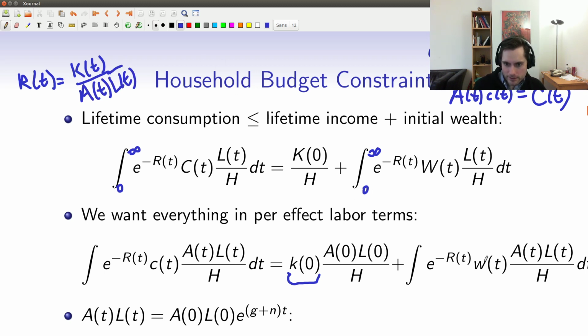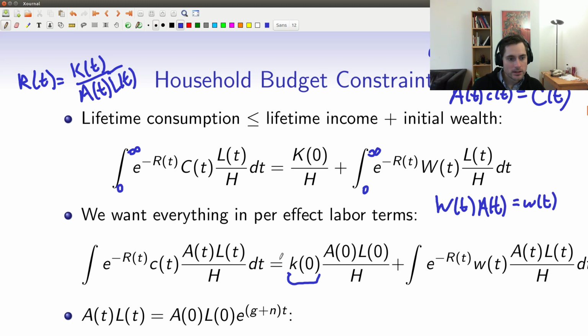And then here we've got this little w_t. Big W_t is the wage per worker, so we want the wage per unit of human capital. So again, we're going to have big W_t times A_t is equal to little w_t, just like c_t.